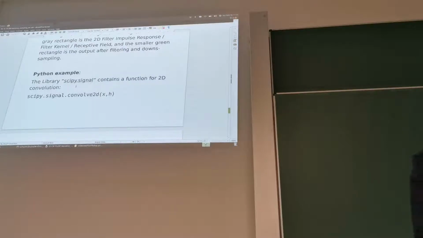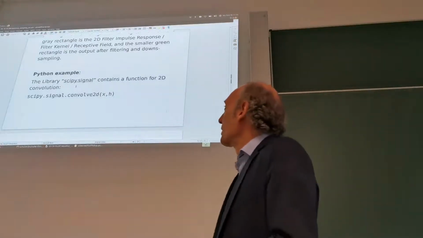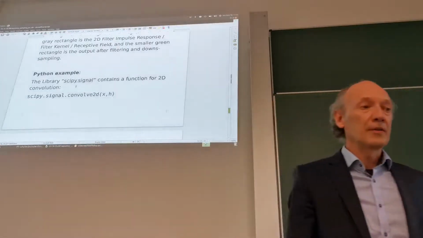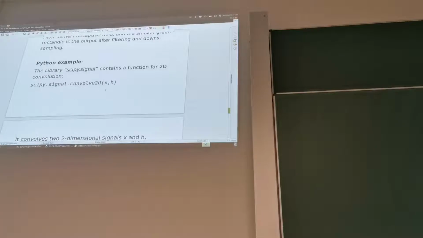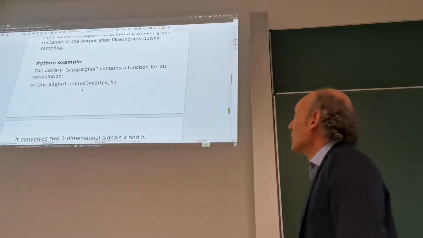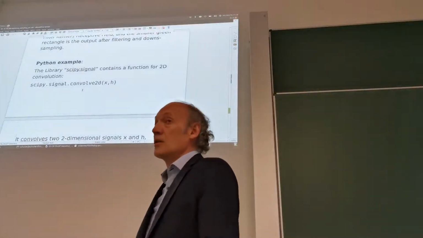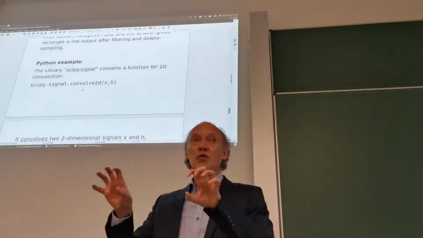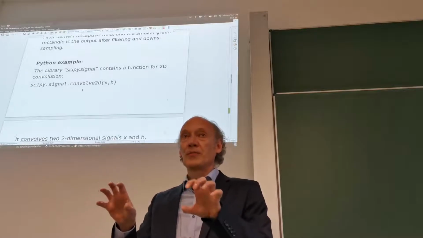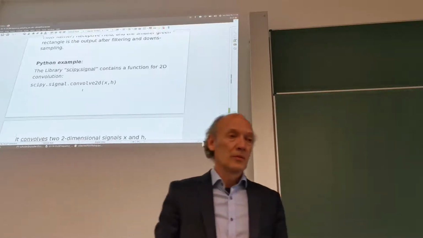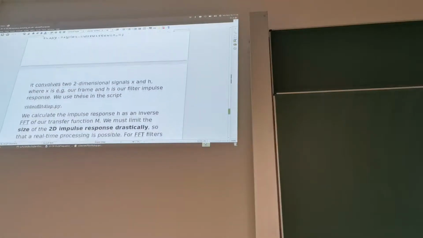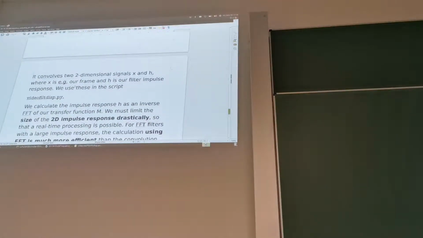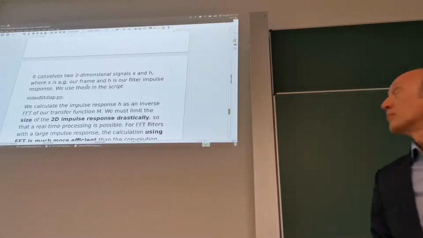So here's a little Python example from the library scipy.signal. It already contains a function for 2D convolution, scipy.signal.convolve2d, and it assumes that x and h are two-dimensional arrays, right? Type array, 2D array. So x could be our frame from our camera.